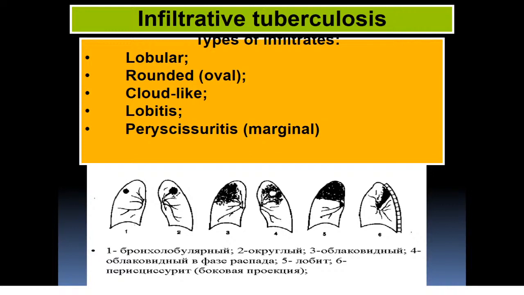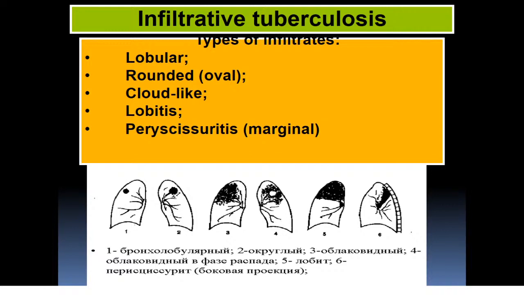On the fourth scheme, you can see cloud-like infiltrate with lightening inside, that's why with destruction. This is a cavity of destruction formed. This type is named cloud-like because it looks like clouds, without shade, without contours.